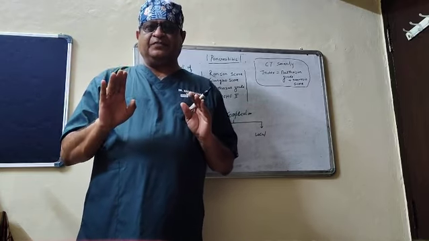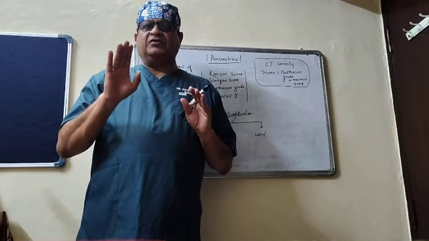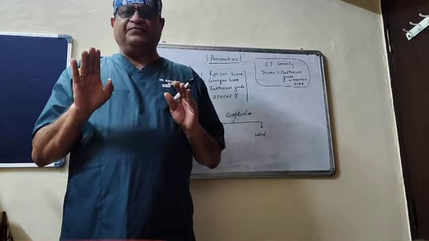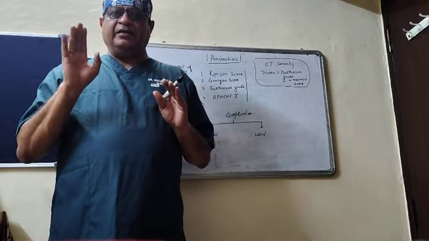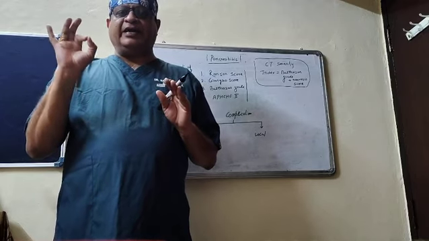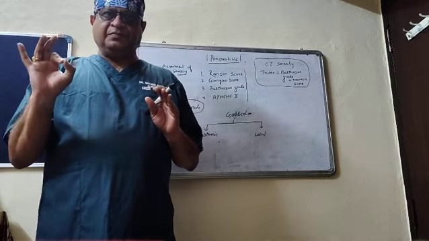Grade C, there is distortion of the pancreas, destruction of pancreatic tissue, or peripancreatic collection. Grade D, distorted pancreas and acute fluid collection in a single location.